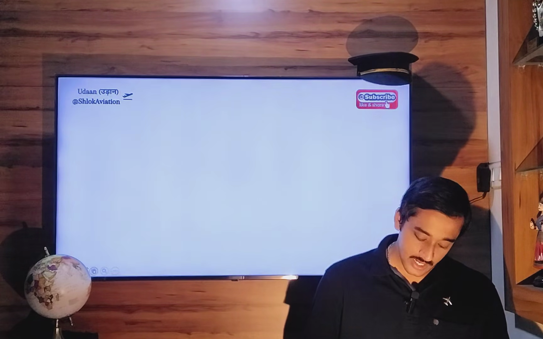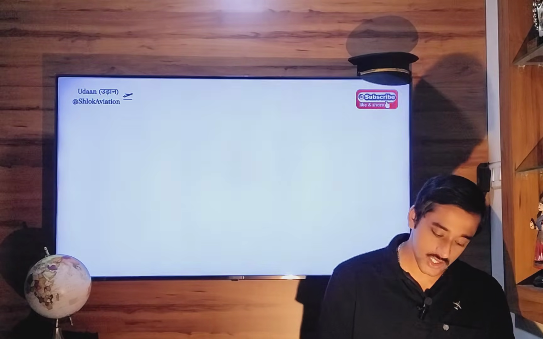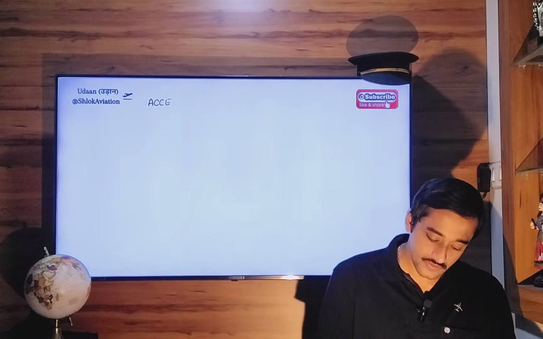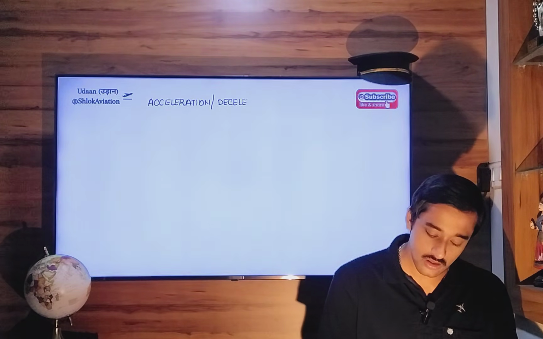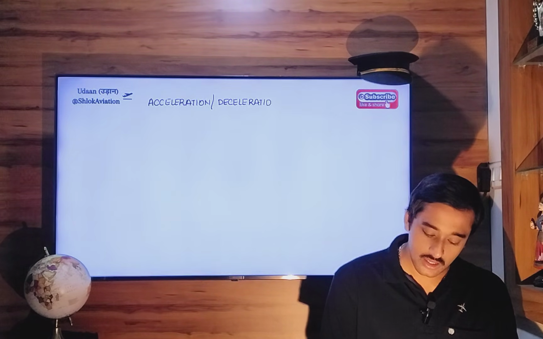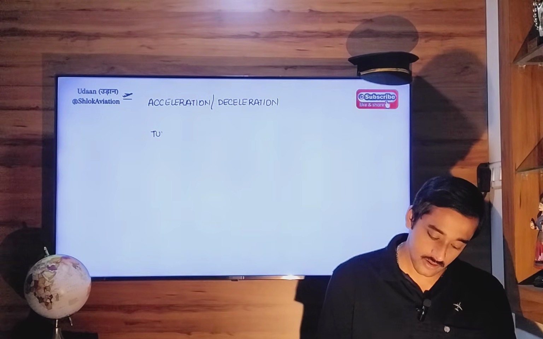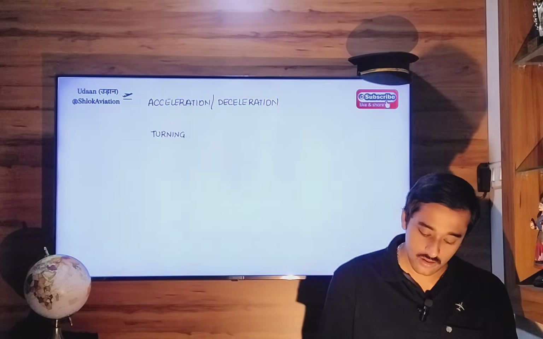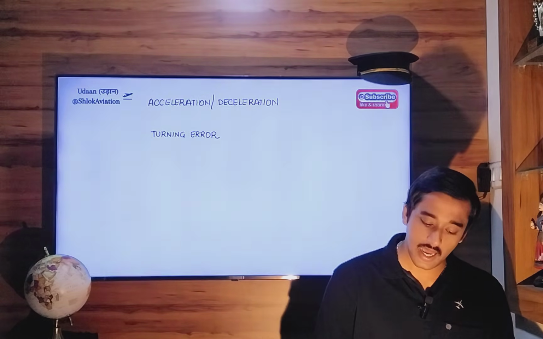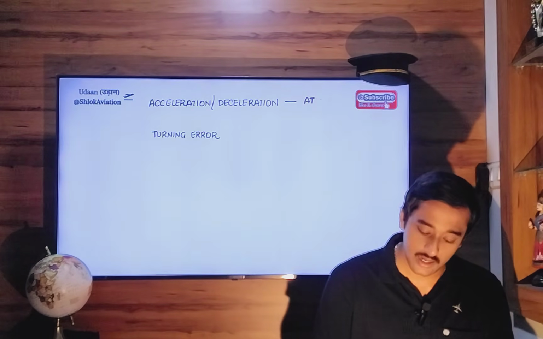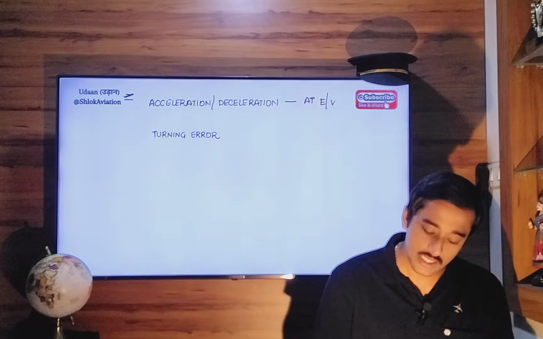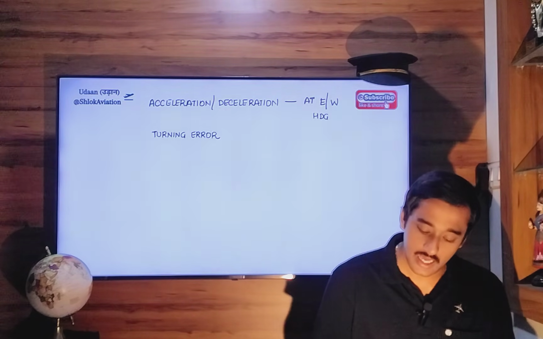So, now your direct reading magnetic compass is subject to two errors: acceleration and deceleration errors, and the second type of error is turning error. Acceleration deceleration error happens mainly at east and west headings, at easterly and westerly headings.